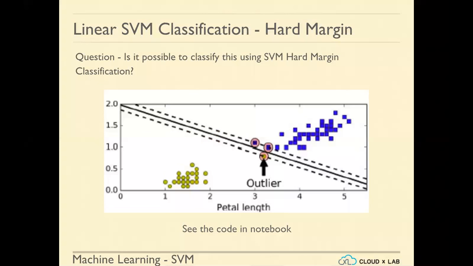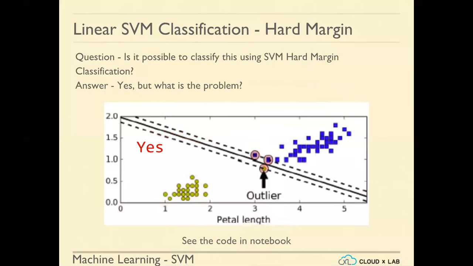But this kind of data we should be able to classify using the SVM hard margin. Hard margin as in it's a hard requirement that all of the data points must be on the same side, otherwise it won't work.